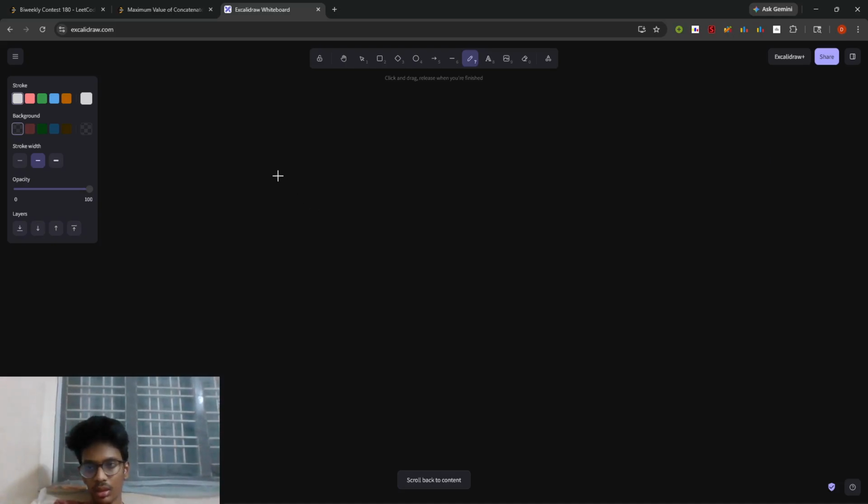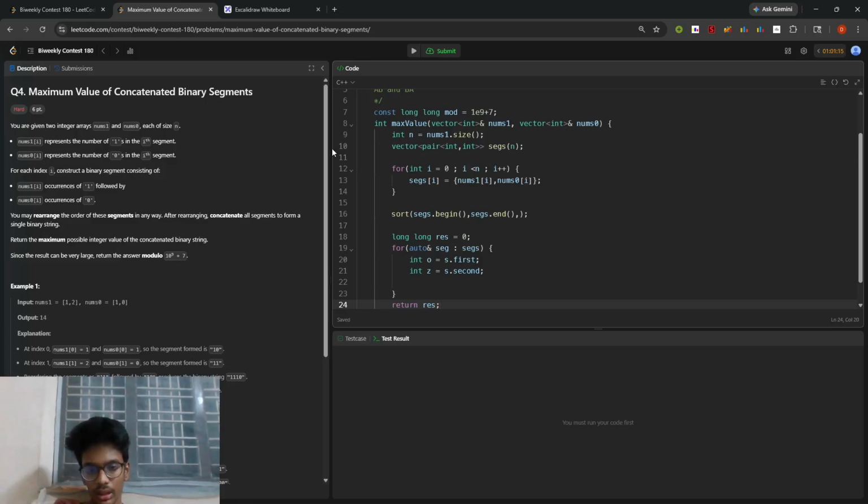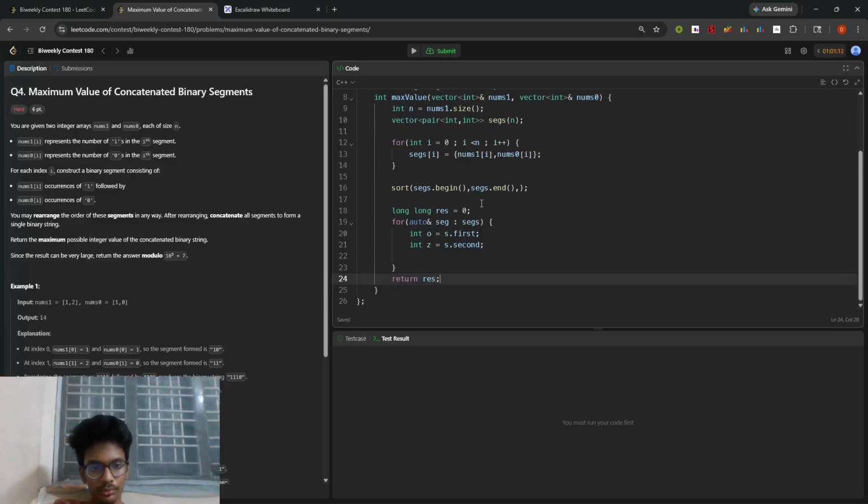I guess, am I complicating this? I just want to figure out.